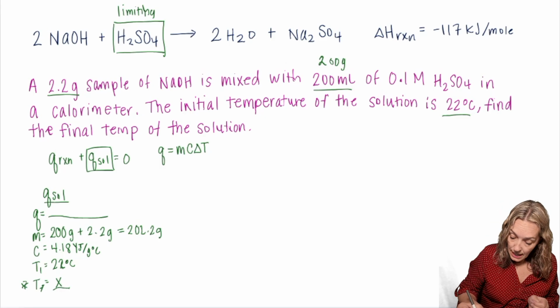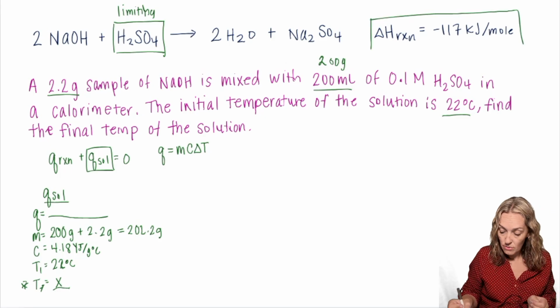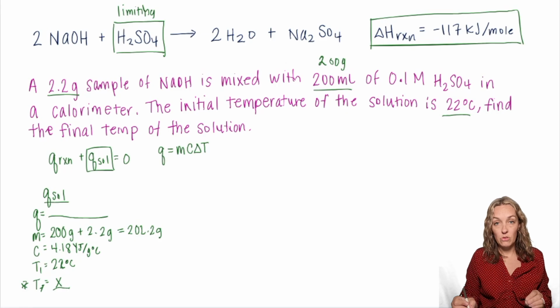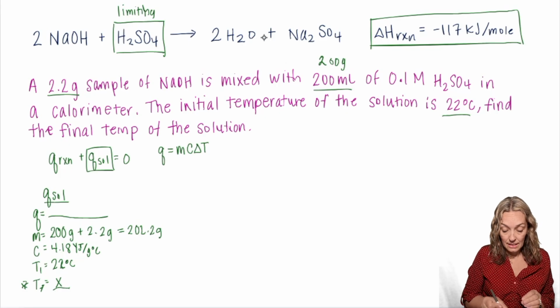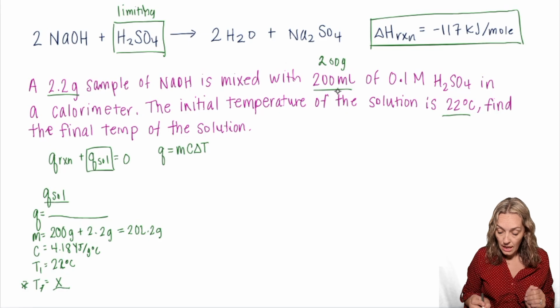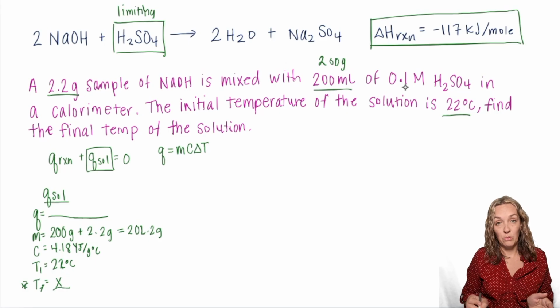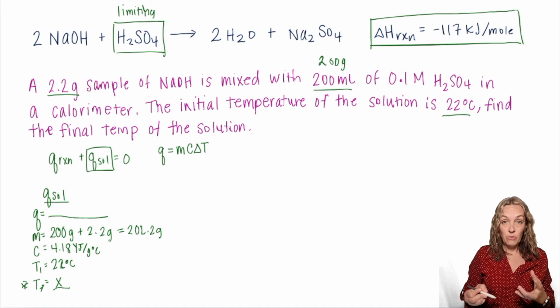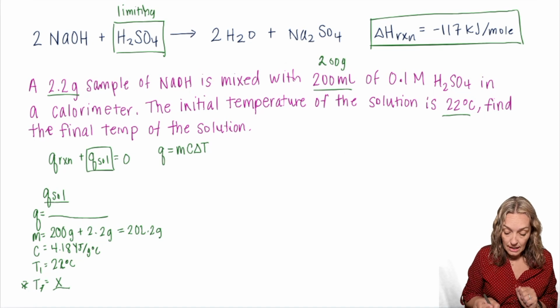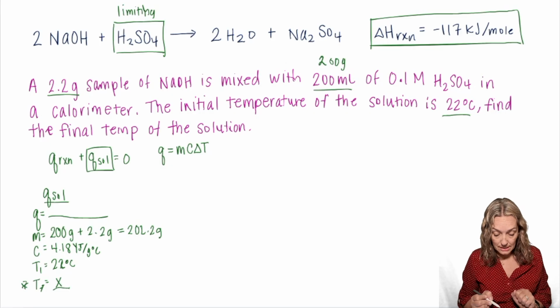Well, this time, I know the delta H of the reaction. The delta H of the reaction is 117 kilojoules per mole. But remember, I did not use a full mole of anything in this problem. I started with 2.2 grams of NaOH and 200 milliliters of a 0.1 molar H2SO4 solution. So I know from my first calculation that H2SO4 is the limiting reactant here.